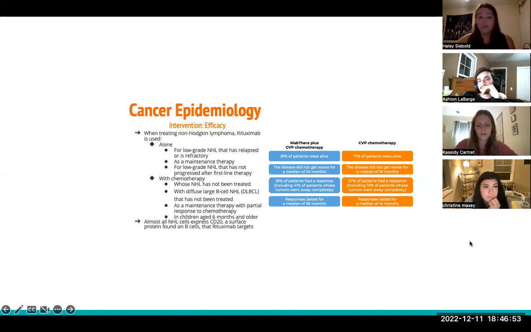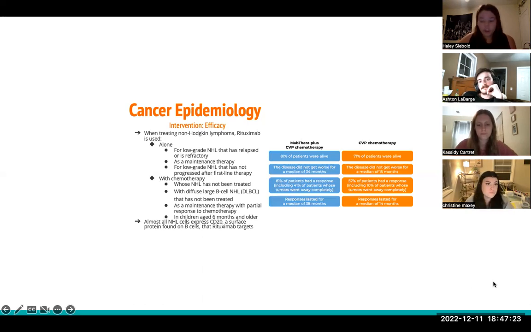When it's used alone, it can be used for low-grade NHL that has relapsed or is refractory, or for low-grade NHL that has not progressed after a first-line therapy, whether that is chemotherapy or a different therapy. It can also be used as a maintenance therapy, both with or without chemotherapy. And with chemotherapy in children, it is often used.